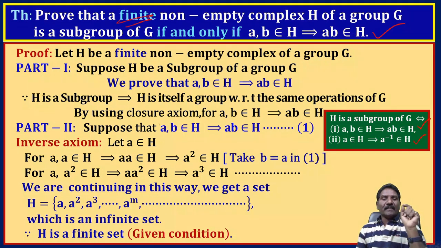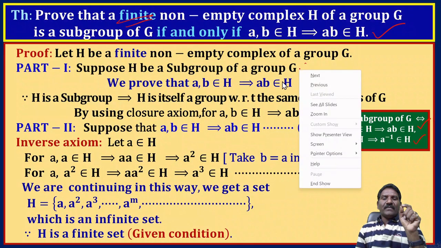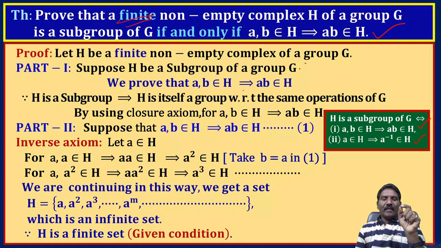Very, very important theorem. Proof: let H be a finite non-empty complex of a group G, a non-empty subset of a group G. Part 1 is the necessary condition. Suppose H is a subgroup of G. We have to prove that a, b belongs to H gives ab belongs to H. Since H is a subgroup of G, by definition, H is itself a group with respect to the same operation of G. Since G is a group with respect to multiplication, H is also a group with respect to multiplication.